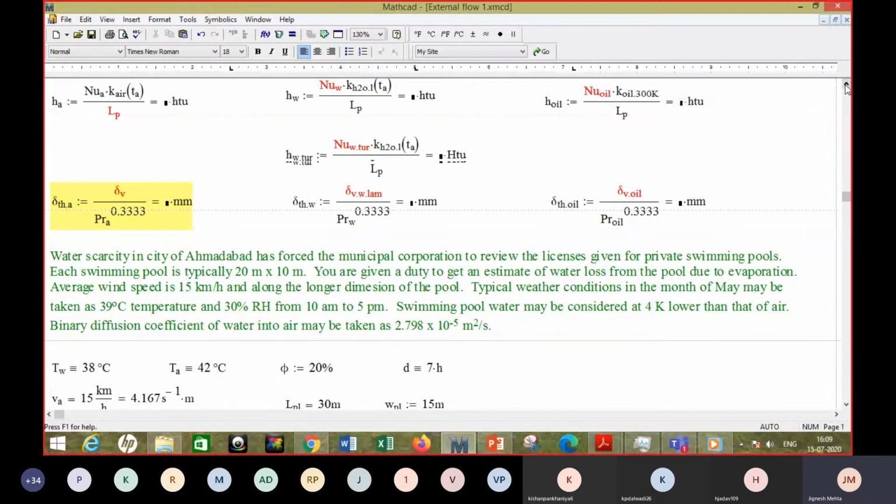In layman's language, we say that there will be evaporation of water from the surface. Now, what is the phenomenon due to which there will be evaporation? Of course, it's evaporation, it's not boiling. There is a chapter on boiling and condensation in heat transfer. There you will understand better that you are not talking about boiling, you're talking about evaporation. You may already know the difference.